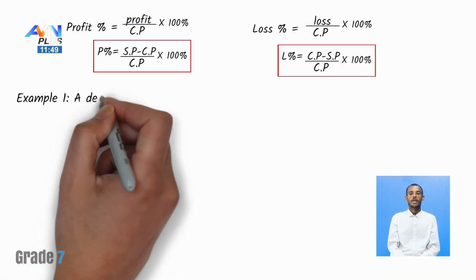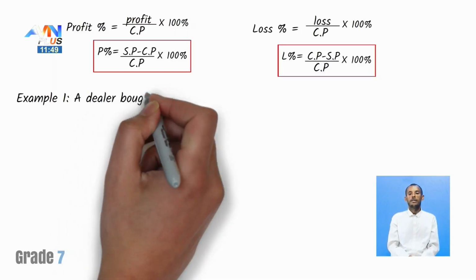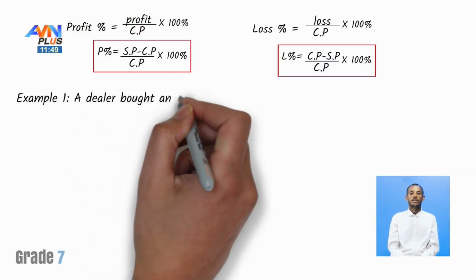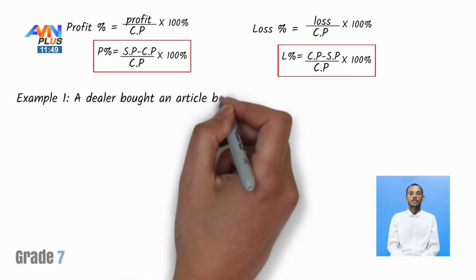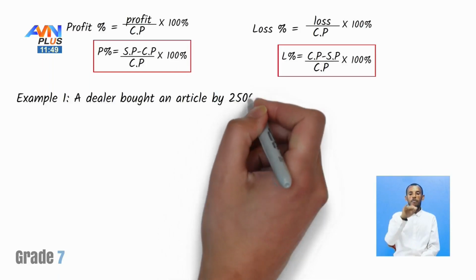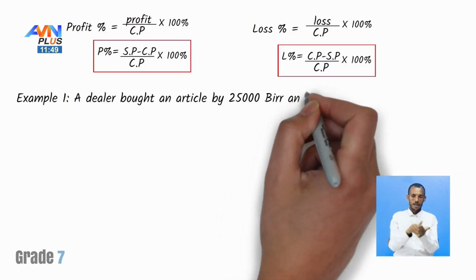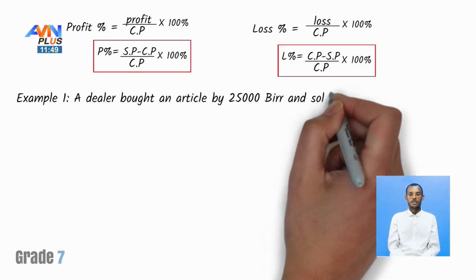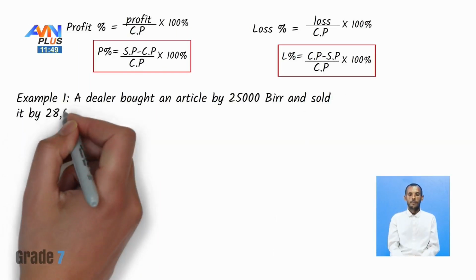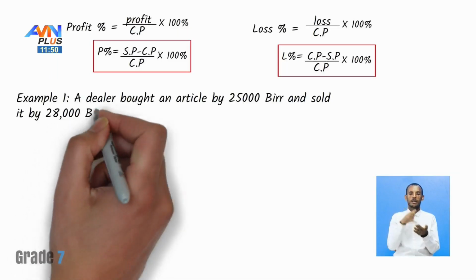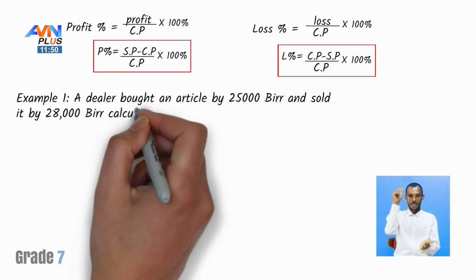A dealer bought an article by 25,000 birr, and sold it by 28,000 birr.